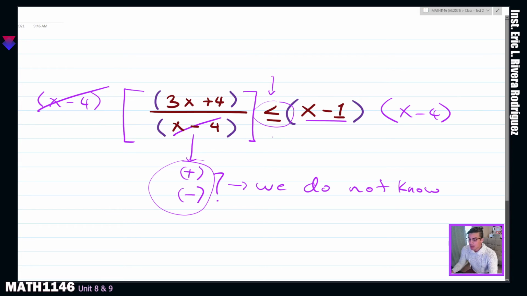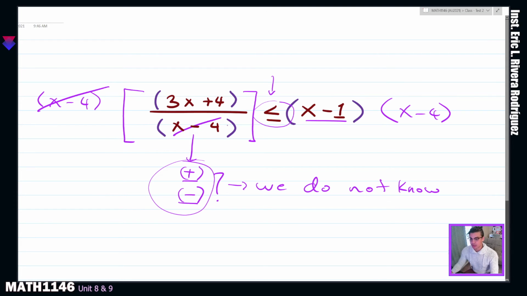So when we are working with an inequality, it is not possible to multiply both sides of the inequality by a factor whose sign we do not know, or that is a variable that represents both positive and negative signs. So you don't want to do this to cancel this denominator.